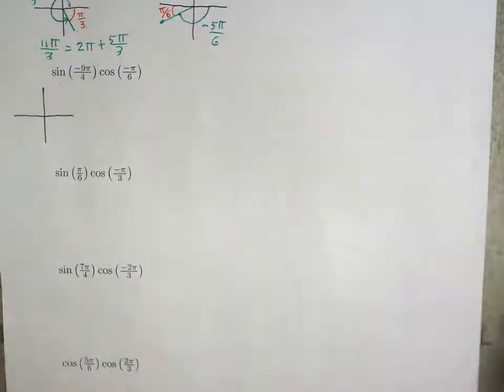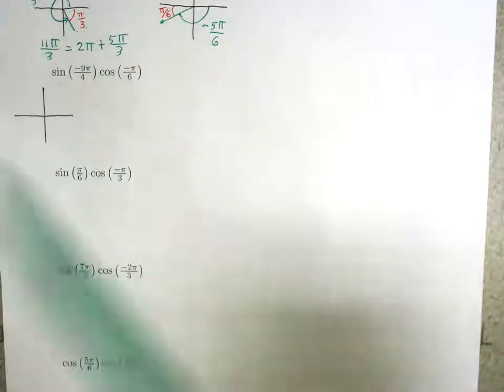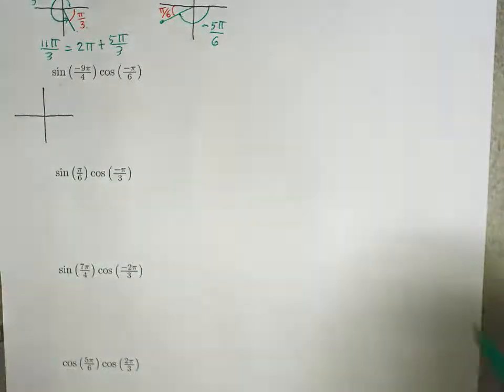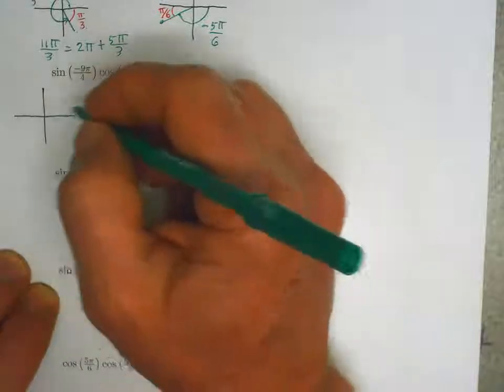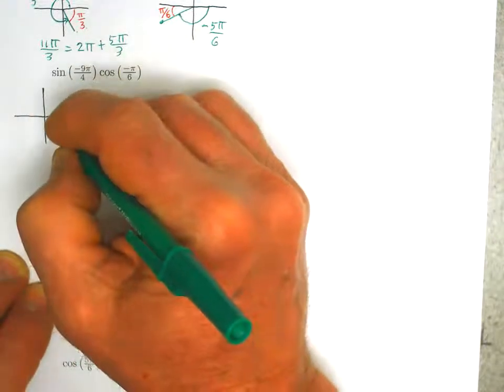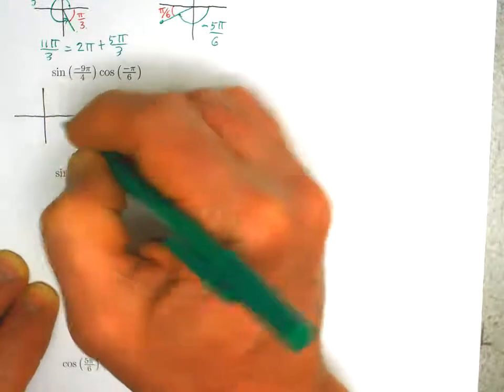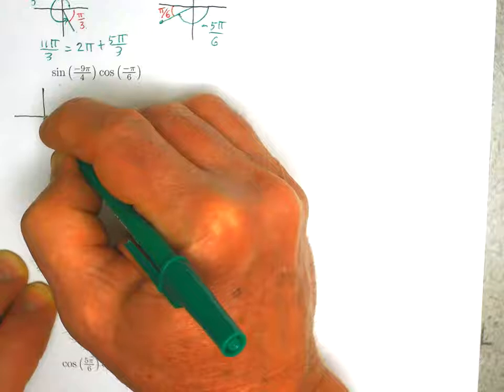Notice negative 8 pi over 4 is 1 complete revolution clockwise, and so it goes beyond 1 revolution by pi over 4.